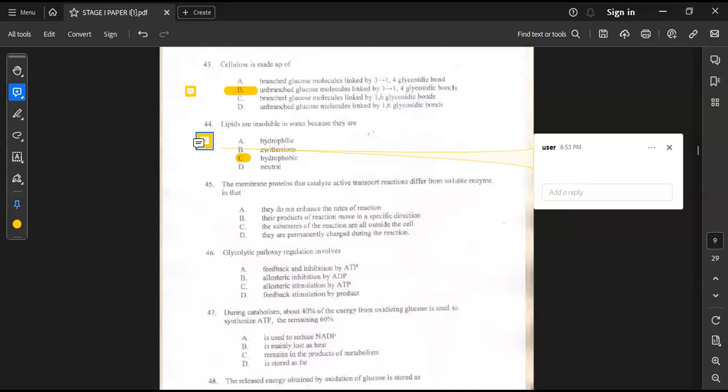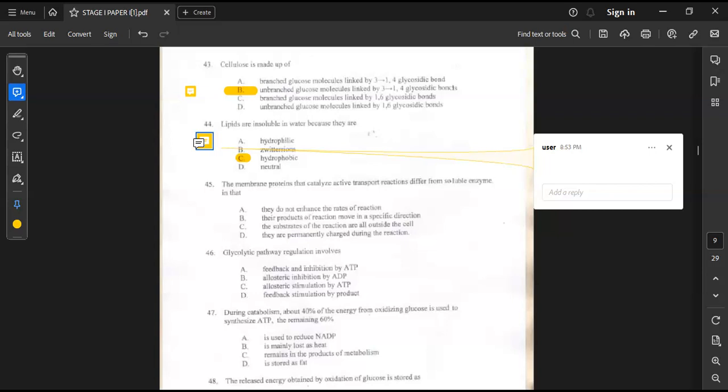For the simple lipids, they are just esters of fatty acids with glycerol. The compound lipids are fatty acids esterified with alcohol, but also containing other groups.